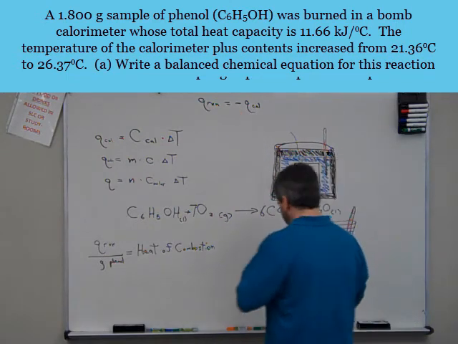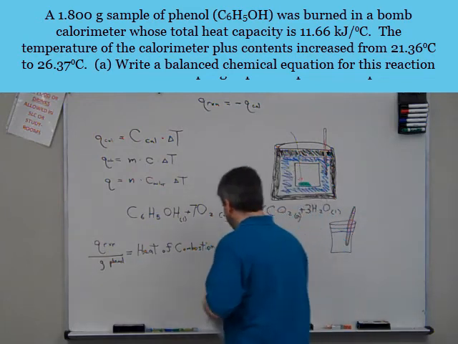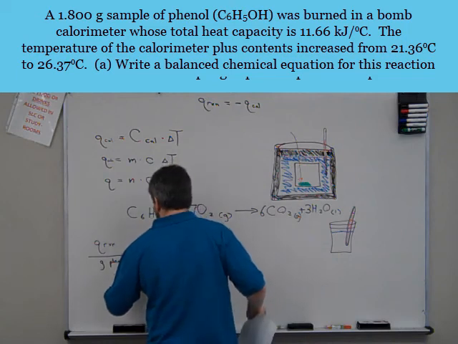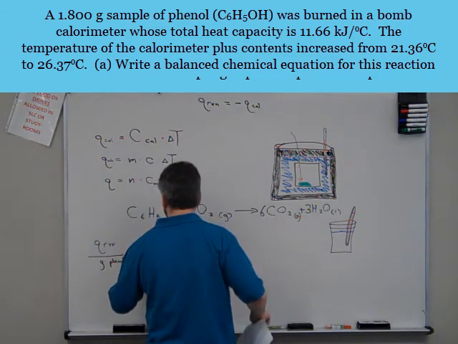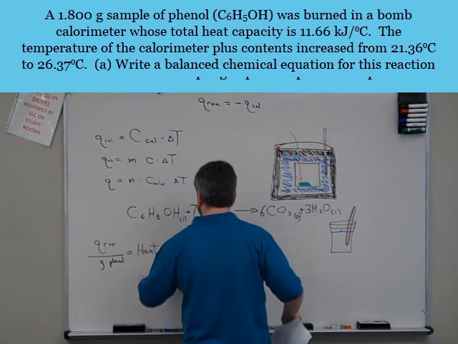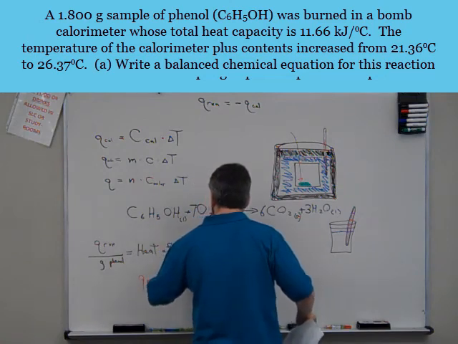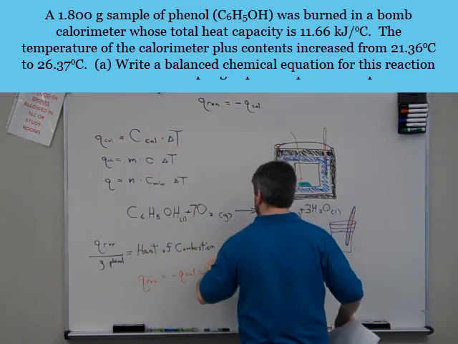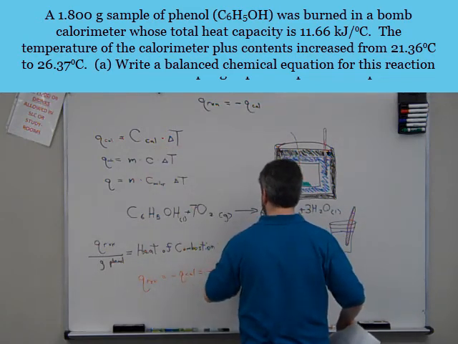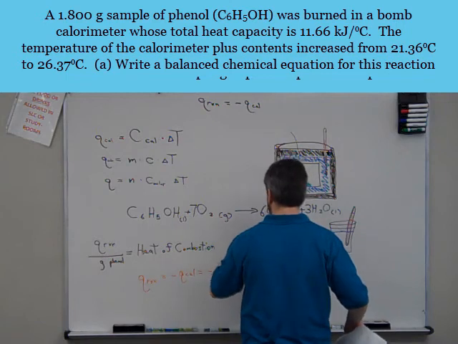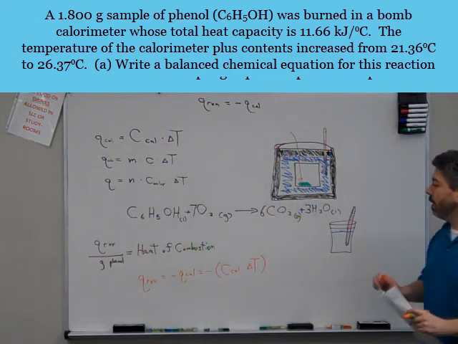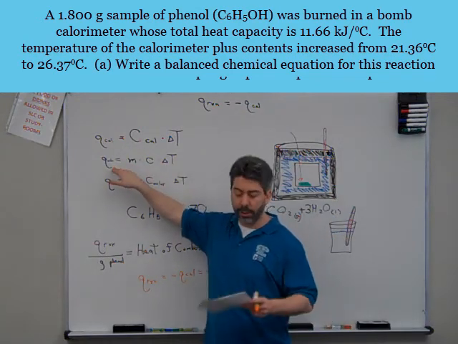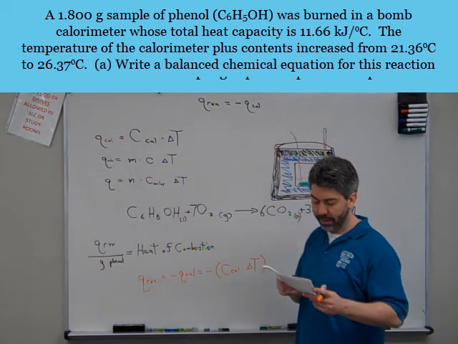So what I can do here, let's pull up some fancy colors. Okay. Q of reaction is equal to the negative Q of the calorimeter. And the Q of the calorimeter is the heat capacity of the calorimeter times the delta T. Now the reason I know that I want to use the heat capacity of the calorimeter versus the heat capacity of the solution is because of why?